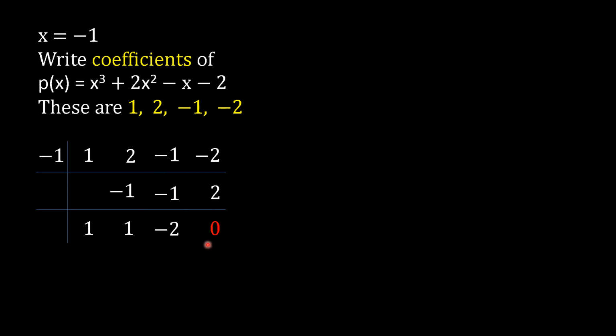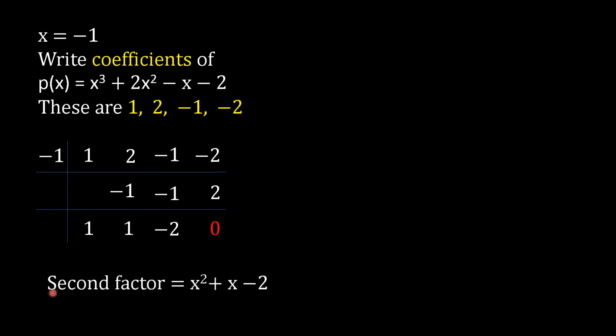Since we get the remainder as 0, x plus 1 is a factor of this polynomial. For the remaining factor, we will use these three coefficients. Since here there are three coefficients, the factor will have degree 2. It will be a polynomial with degree 2.